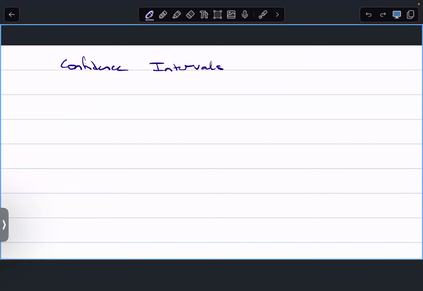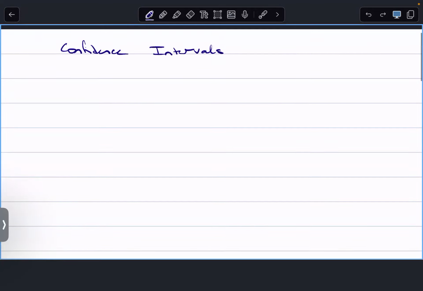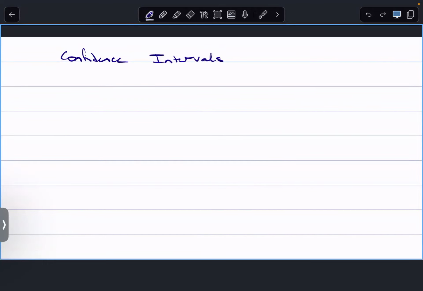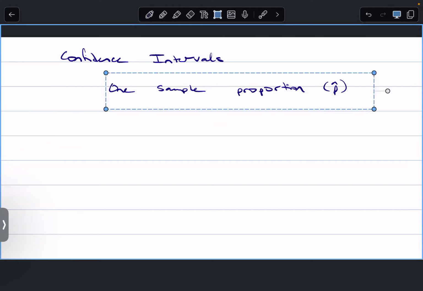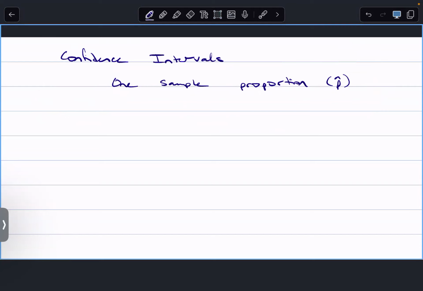Now, there are some key ones that we're going to focus on. And so confidence intervals. For today, we're going to talk about one sample proportion, p hat.